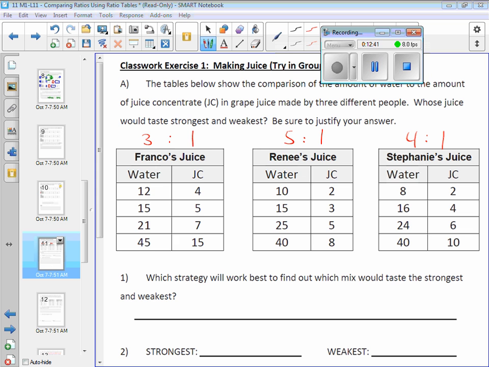All right, we'll continue this thought tomorrow. Franco is the correct answer for strongest. To be discussed. We'll pick up right where we left off because that's been a stumbling block today.